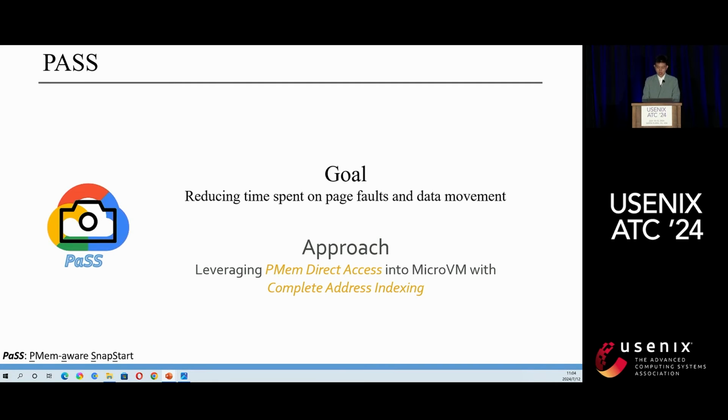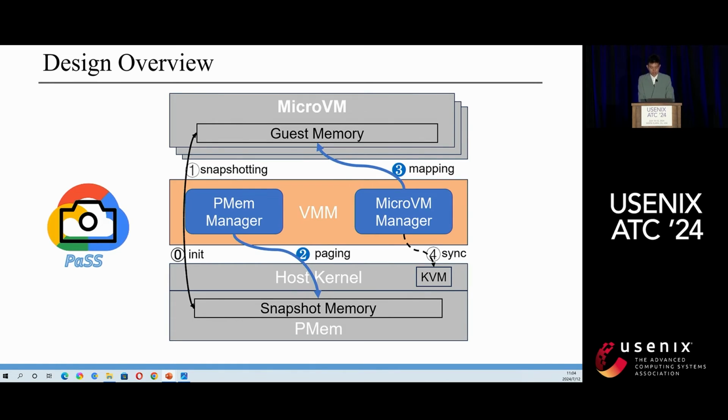Our goal is to reduce time spent on page faults and data movement for end-to-end SnapStart execution. Our high-level idea is to leverage PM direct access into the MicroVM with complete address indexing. Our design includes two hypervisor-embedded components, the persistent memory manager and the MicroVM manager.